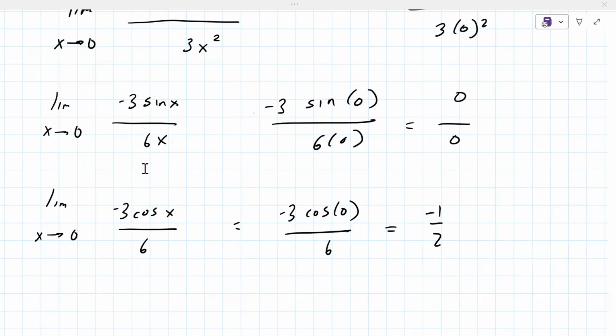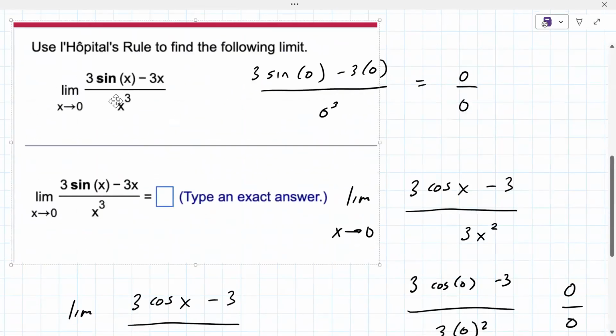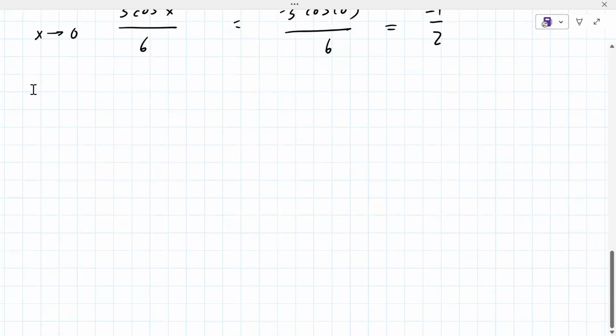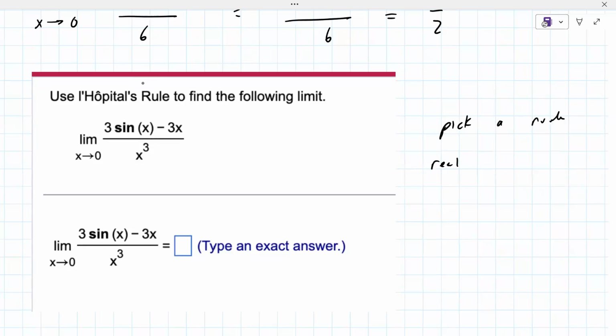So there's kind of a shortcut to doing these problems. I think you said your exams are multiple choice. Yeah, they're all multiple choice. You could pick a number really close to 0, like 0.0001 or however many zeros you want.